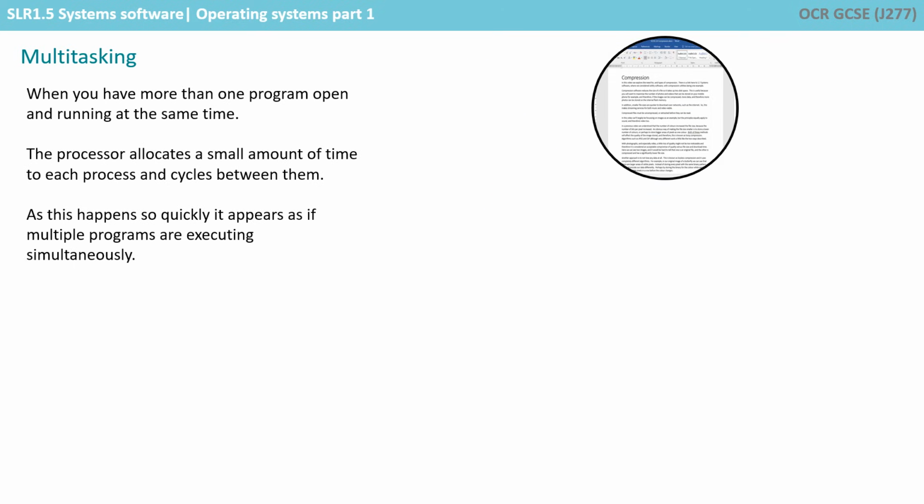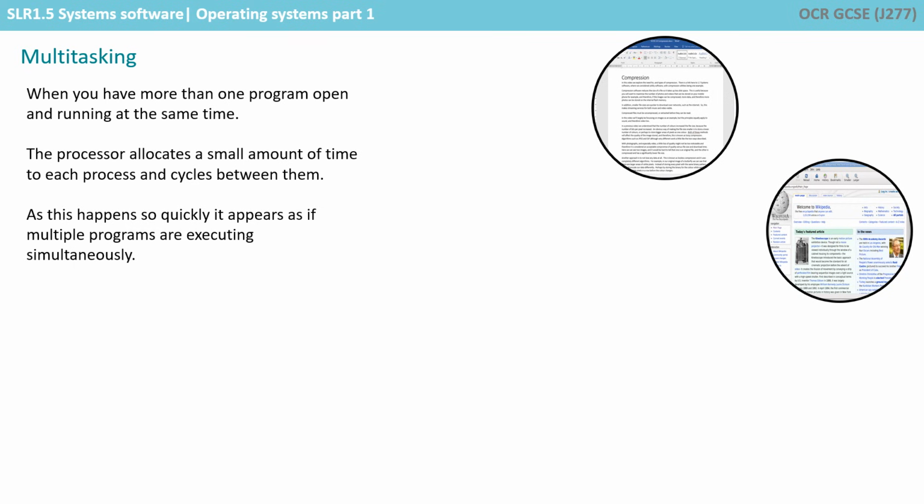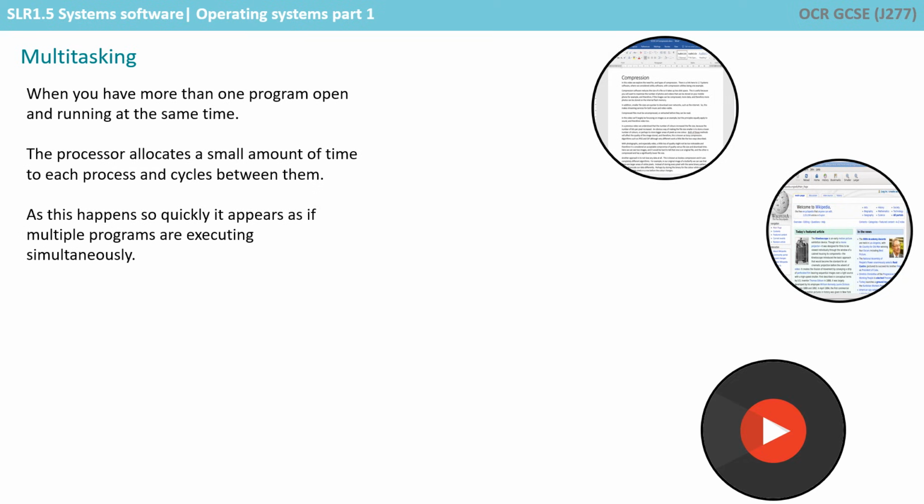So let's look at a typical example. Here we have a word processor and it's had a document open, but that's not the only program that our computer has open. Perhaps you're also doing some research on the web using your web browser. Perhaps as you're working, you're also listening to some music that's being played by a media player in the background.